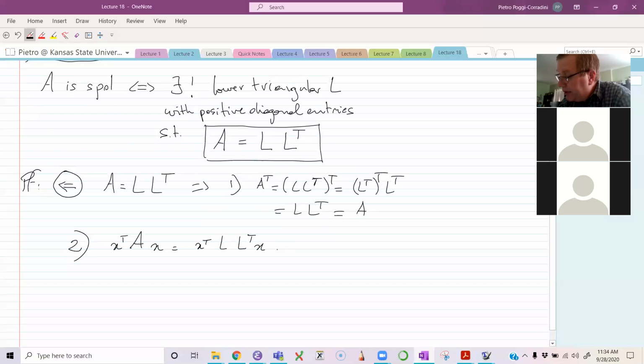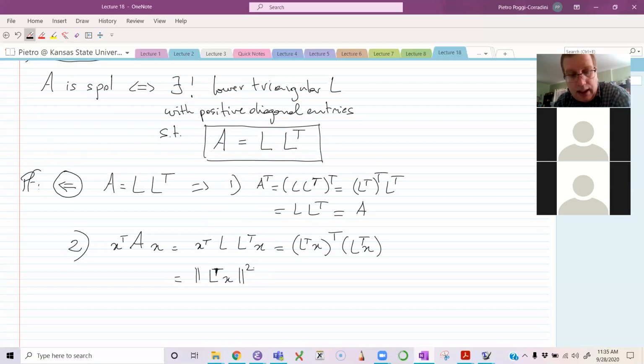Now we can interpret this as an inner product of L transpose x with itself, right? So that means that it's the norm of L transpose x squared. Here I'm using the regular Euclidean 2-norm.